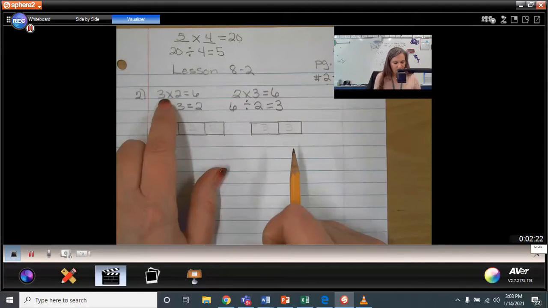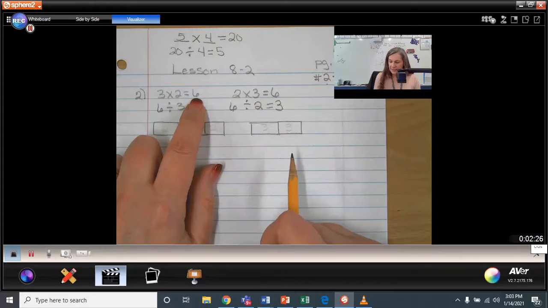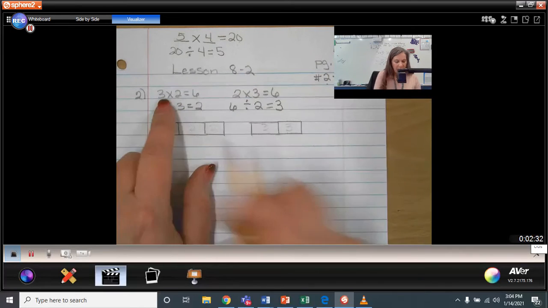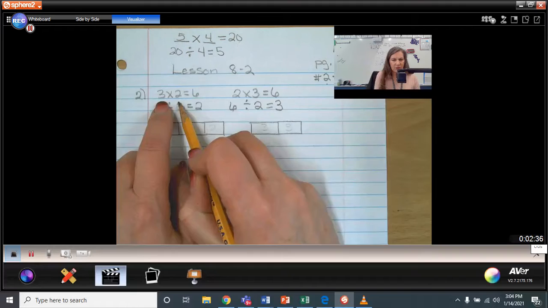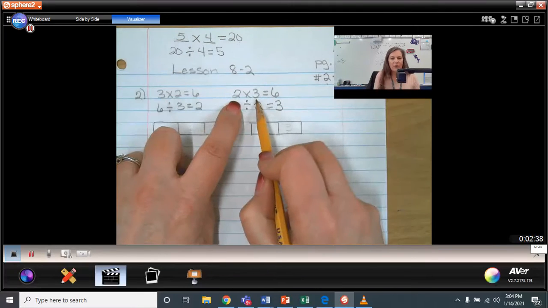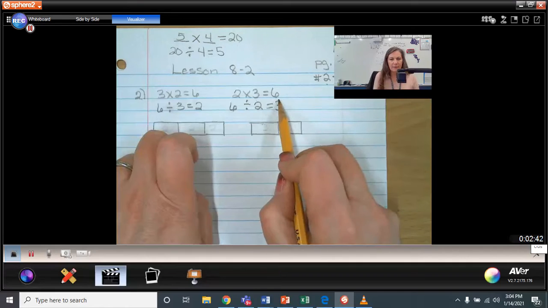If I have 3 groups of 2 is equal to 6, it's asking us to complete the fact family. So to complete this fact family, I know that I can switch the order of my factors and create another multiplication sentence with the same product.